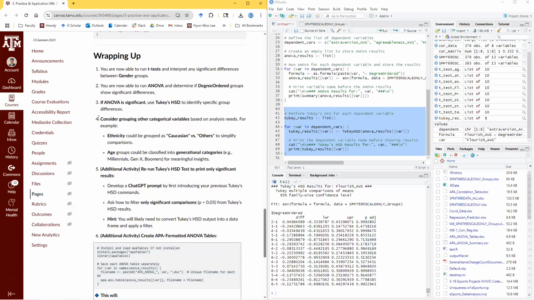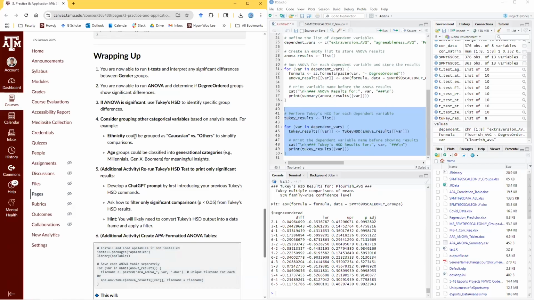And based on that, now you can apply this knowledge to run different kinds of mean difference tests or create categories within our data set or even other data sets that you might have a chance to run.